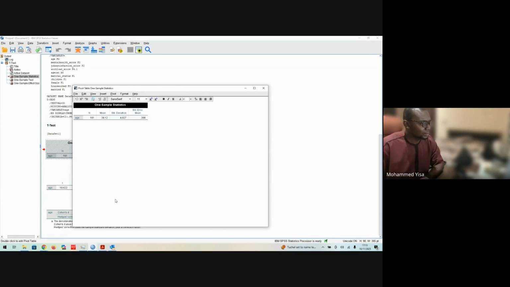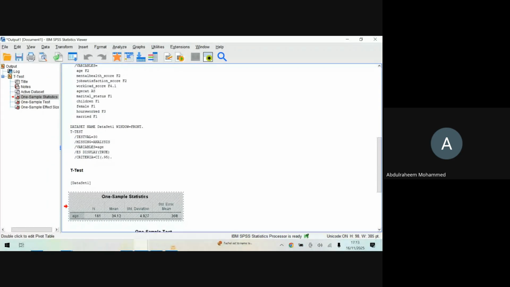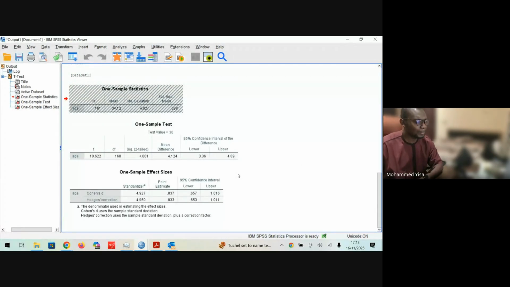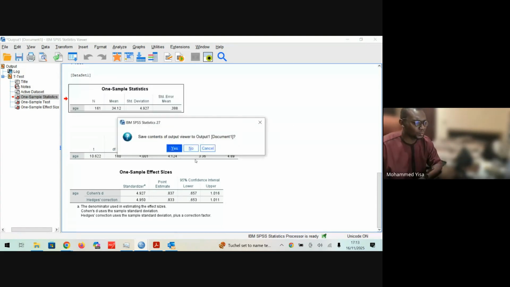Is it better? Or are you still having difficulties? Yes, they look so tiny that we cannot see what exactly the numbers are. Okay. How about now? Right. So now it looks a little bit viewable. Okay.